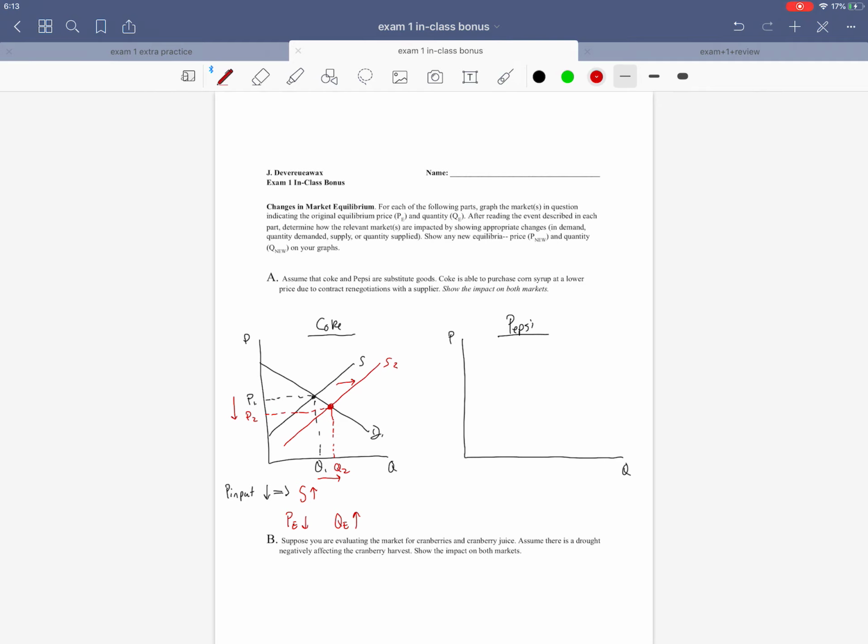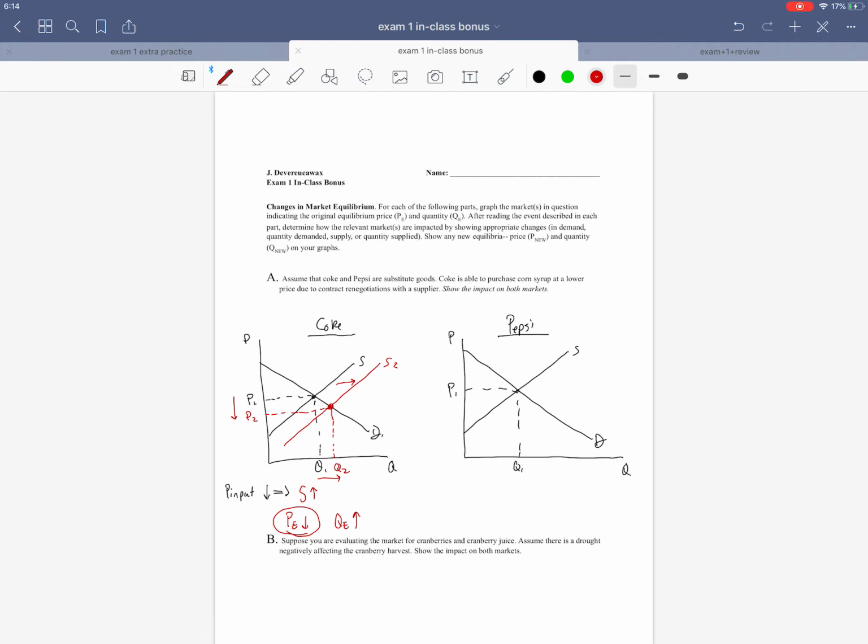Now, let's look at how that impacts the market for Pepsi over here. So if this market started off in equilibrium, once again P1 and Q1, and we see that now the price of Coca-Cola is going down.